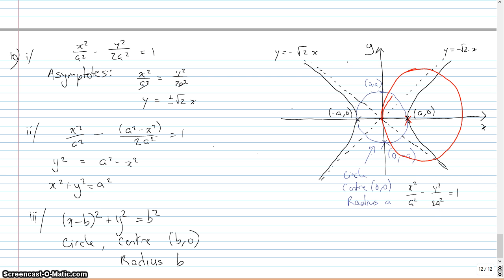However, if I chose a much smaller value of b, I hope I can undo all that, so maybe I took my b to be in there somewhere, then the radius would be b, so it would only look like that, and there would be no point of intersection, right?